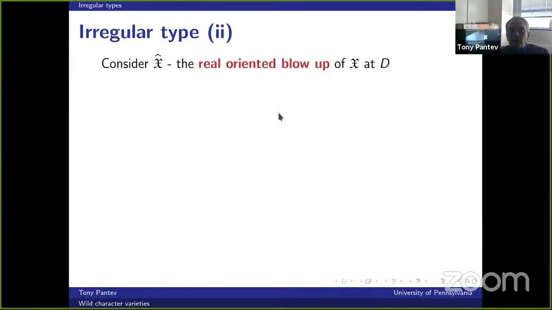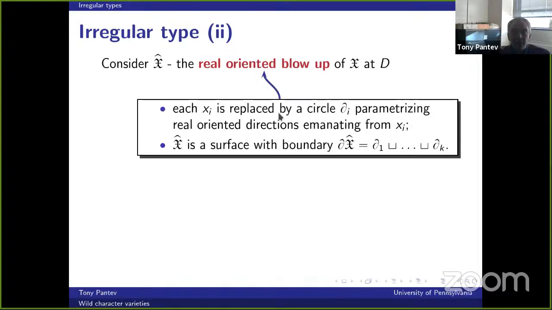So now what do we do in order to convert this to topological data? You have to replace your surface by a surface with boundaries. So you take the real oriented blow up of the compact surface at the punctures, at the marked points. You replace each marked point by a boundary circle, the boundary of a small disk that you're deleting from the surface, centered at the point.